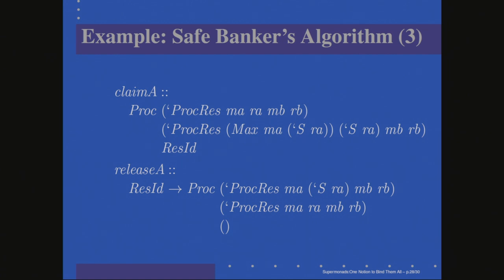And you can see here what's going on. So this is the indexed monad. And here is the before state, with a maximal need of a resource A, and the current allocation of that resource, and the maximal need of a resource B, and the current allocation of the resource B. And then when we claim an A afterwards, the new max is going to be M of A and the successor of R of A, of course.